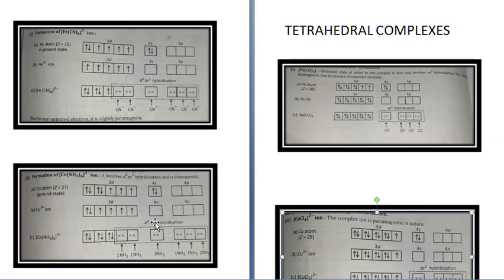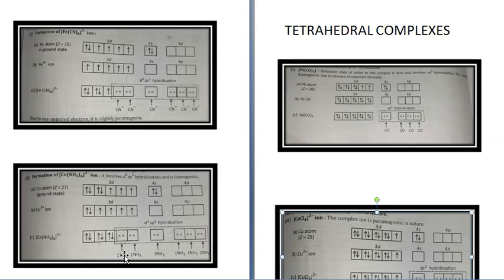Now in this, these will pair up and they will fill the 6 electrons which are there. They will get filled in these 3. That will leave 2 3d orbitals vacant. Then 1 4s is vacant and 3 4p are vacant. So the hybridization will take place, d²sp³ hybridization, and 6 d²sp³ hybrid orbitals will be formed.